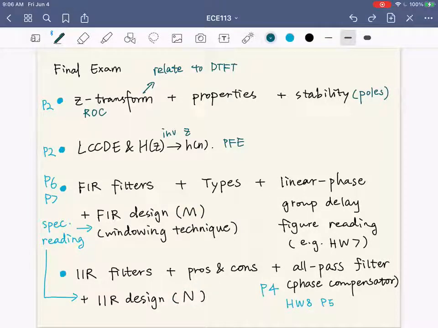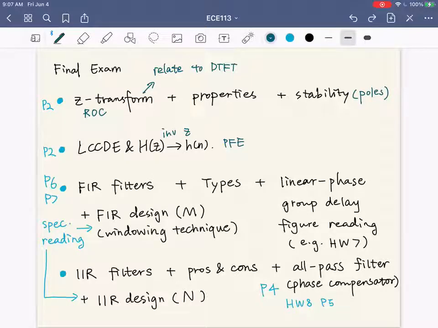When you design a finite impulse response filter, the most important parameter is M, the length of your window, because you're using a window to truncate your original ideal filter in the time domain.